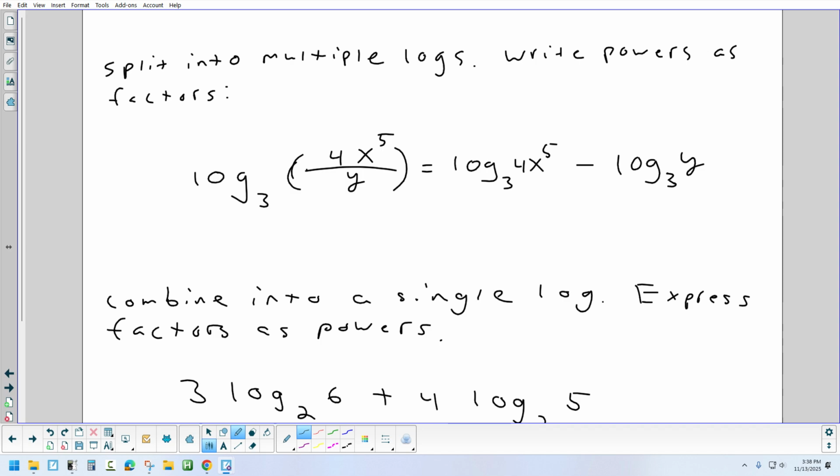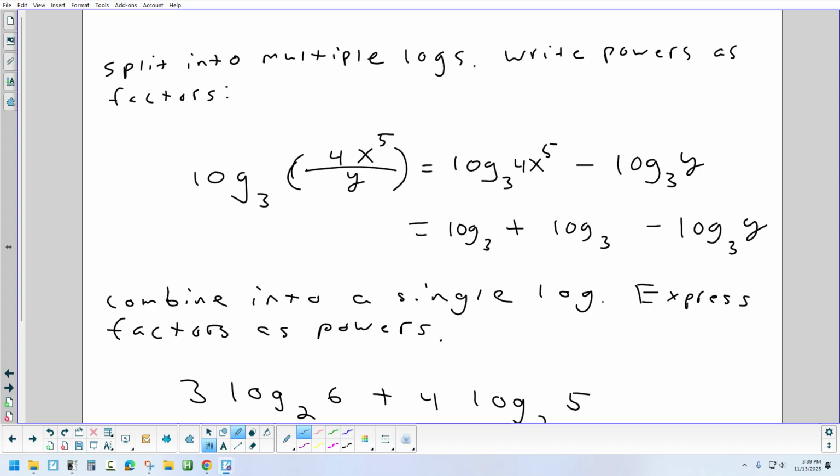But we do have to simplify the first log. How can we split log base 3 of 4x to the 5th? We can split that as a sum or a difference? Yeah, that's going to split as a sum. So we're going to have 2 logs, both of them base 3. The log at the end is done.